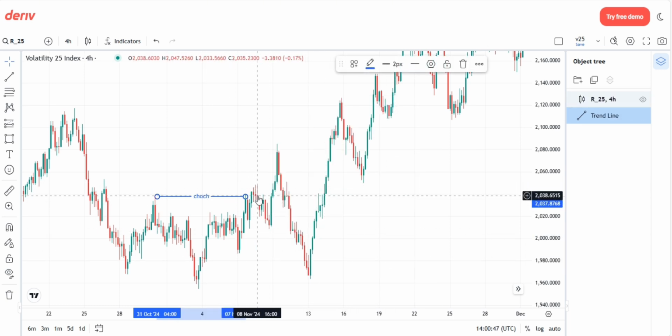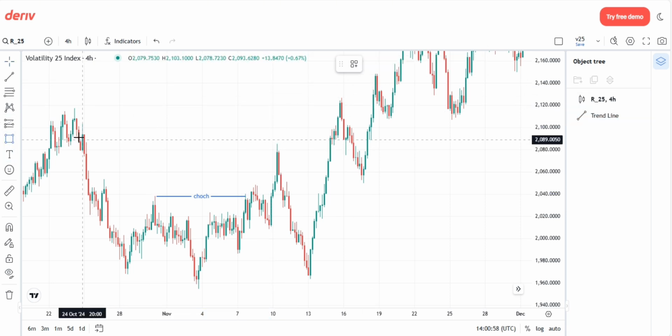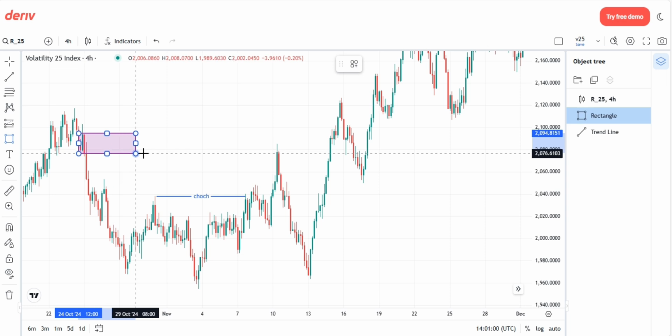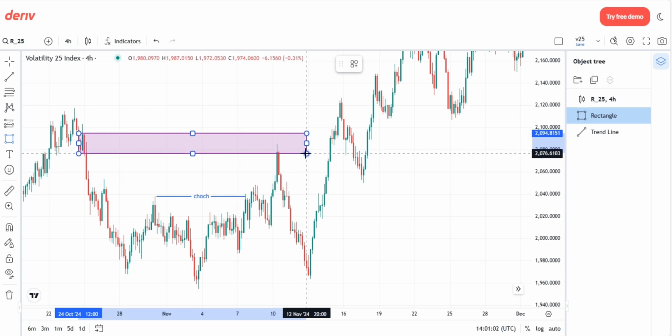The market retraced a little bit and then it shot up, broke structure here, and when it reached here, as you can see, it respected that order block.